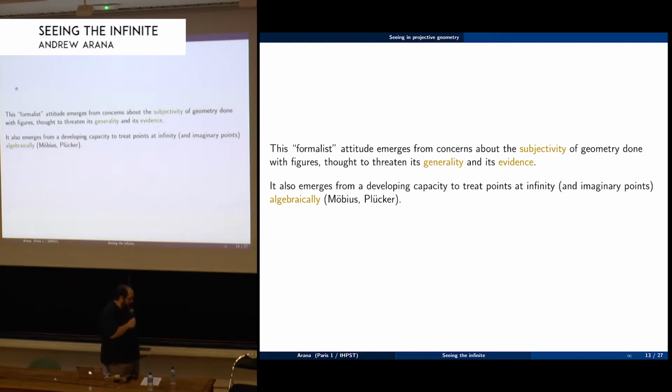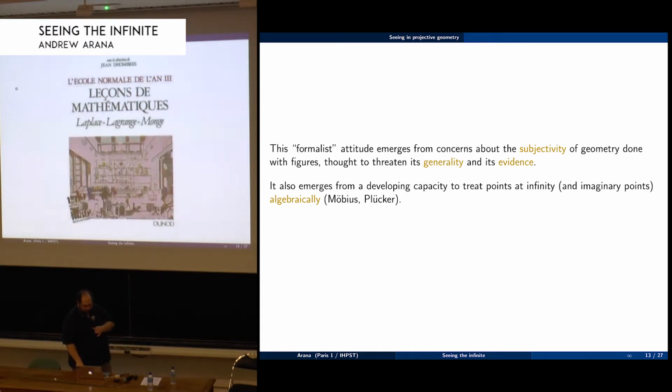Nowadays, when we're thinking of algebraic approaches to geometry, we're thinking of the sorts of works that use contemporary commutative algebra. This sort of work has its origins in a different approach to geometry done, as I say here, by Möbius and Plücker. And as these methods became more powerful, people were less interested in bothering with figures, which seemed to have problems, they thought.